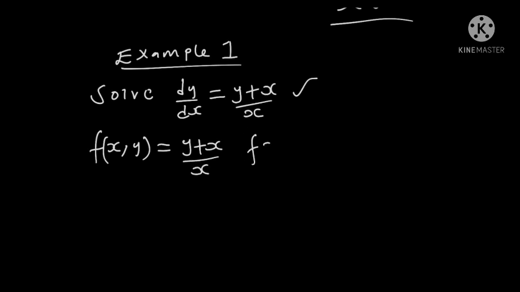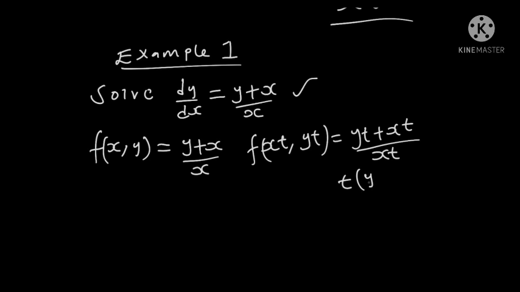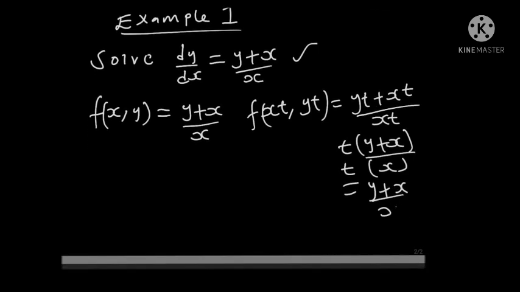Our f of xt, yt is equal to yt plus xt over xt. We can factor out t, so we have y plus x over x. This reduces to y plus x over x.